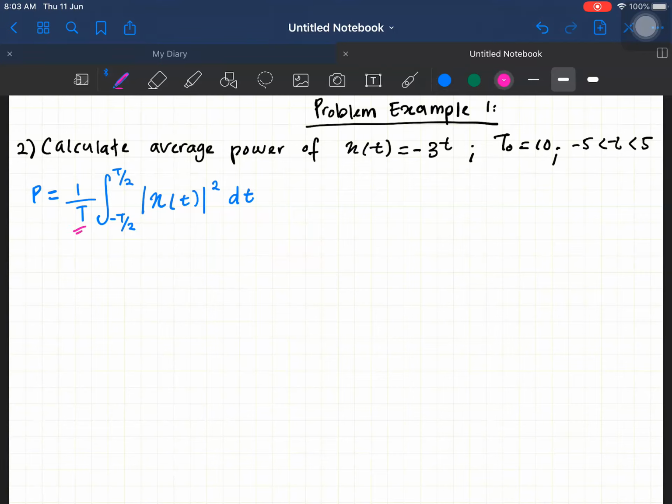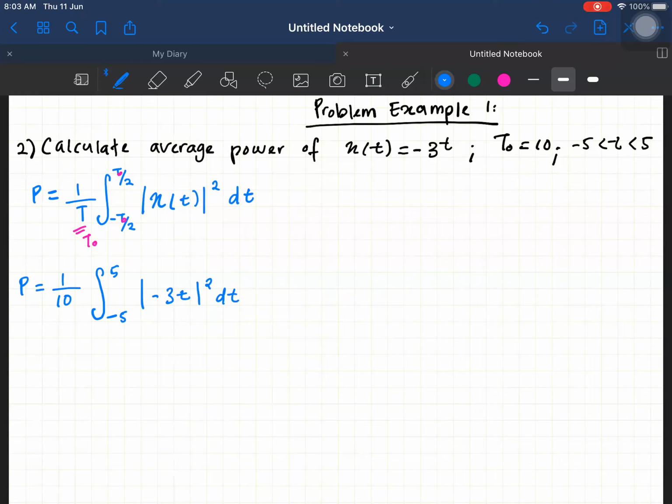This T here simply means T naught. So now you can replace it: P equals 1 over 10, and minus 10 over 2 is minus 5, and here is positive 5, of minus 3t squared dt.